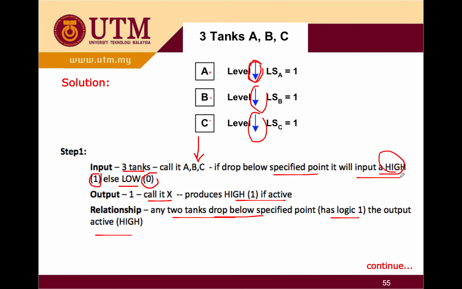Input high is 1, and low is 0. So with high input 1, the output will be 1 when it produces high.